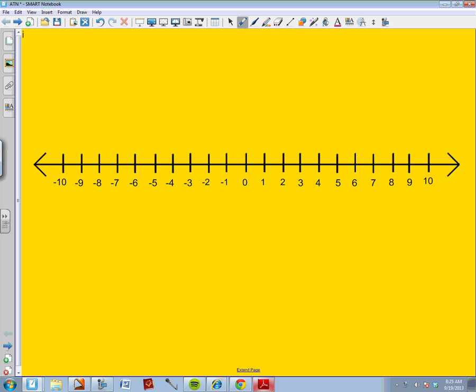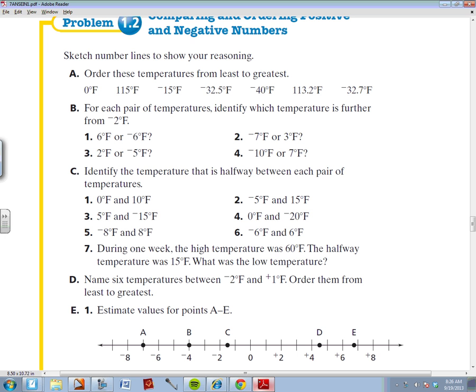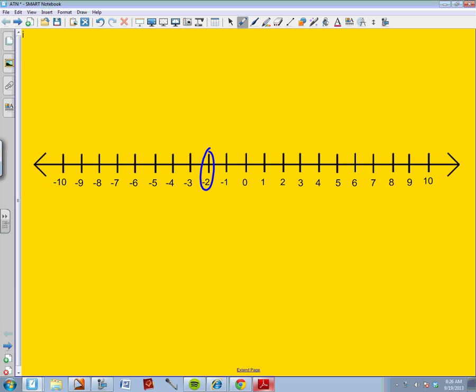And we're at -2. I have to look at the numbers again: -10 and 7. So -10 right there, +7. Which one's further away? Well, -10 is going to be 8 away, so a distance of 8.